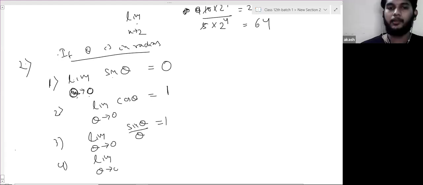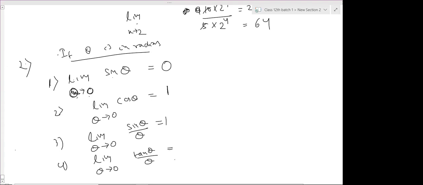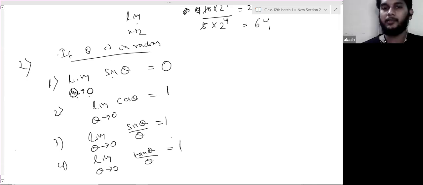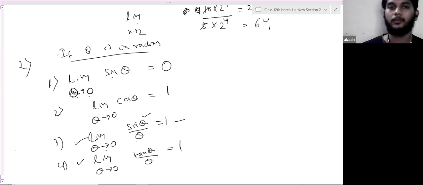Limit theta tending to 0 tan theta by theta. So also 1. Absolutely right. So these are standard limits you have to know. And in this case, you have to notice that if sine has an angle in it and it is divided by the same angle, then the answer is 1, if the angle is tending to 0. All right. So please note this down.